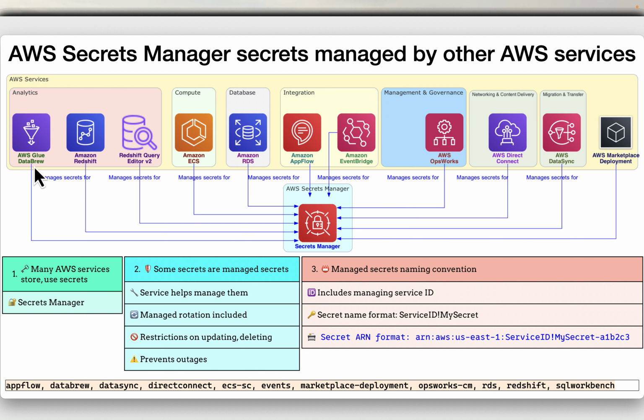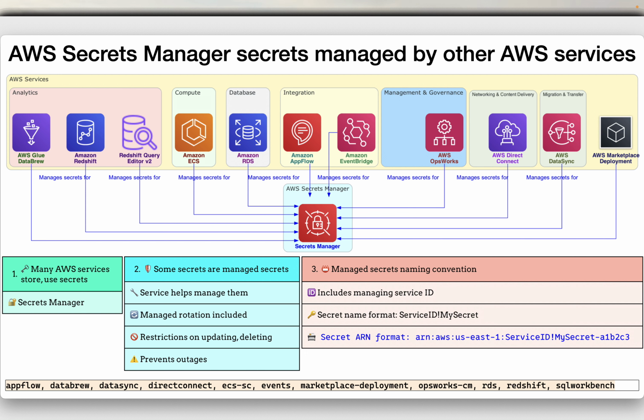This is AWS Glue DataBrew. One is AppFlow. Here you have AppFlow, then DataBrew, then DataSync, and then Direct Connect, and ECS. So ECS is Amazon Elastic Container Service. Events is for EventBridge, so the service ID will be events.